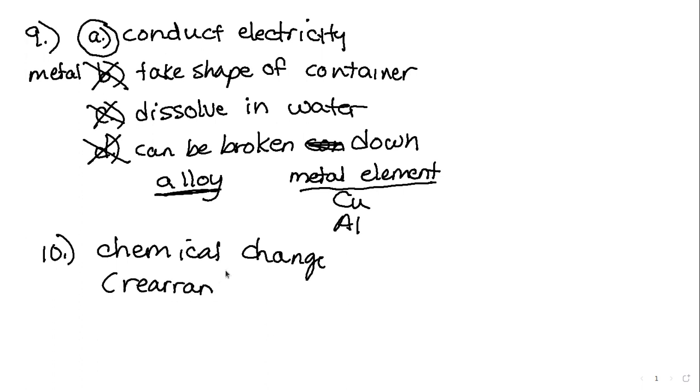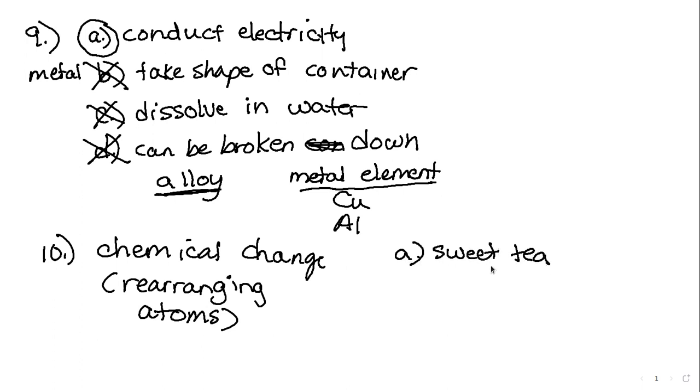So we need to look at each one of these answers and ask ourselves, are the atoms the same? Or are they getting rearranged? So A is making sweet tea. You add the water, you add the sugar, you make a solution, and it's a mixture, but it's just a mixture. It's not actually rearranging atoms.